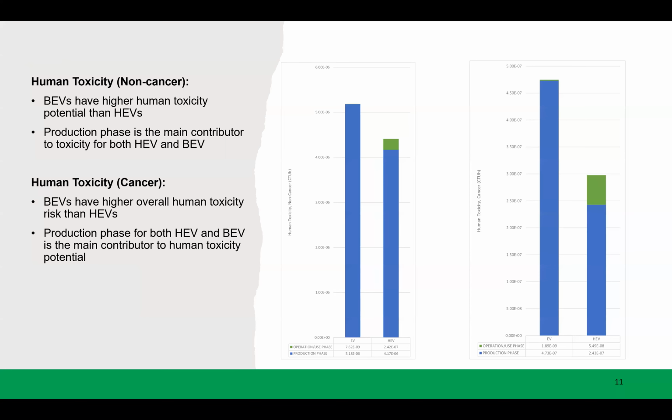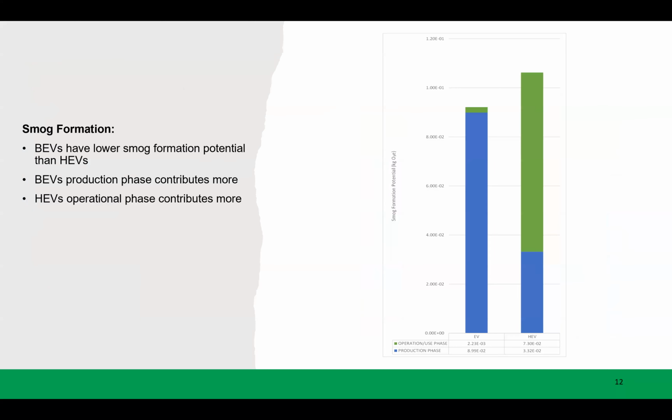In the next slide, smoke formation, the trend is quite similar, where HEV has overall more smoke formation than EVs, but the production and operation phases are quite different. In the case of HEV, the operation causes more smoke formation potential, whereas in the production phase, the EV causes more smoke potential.